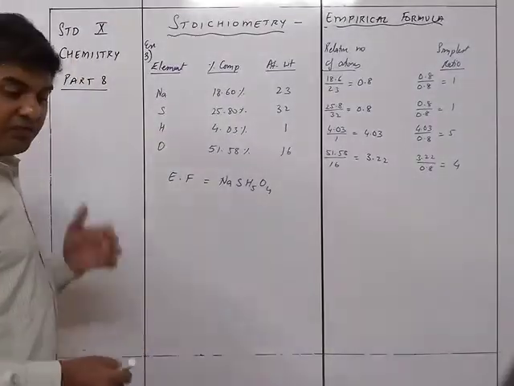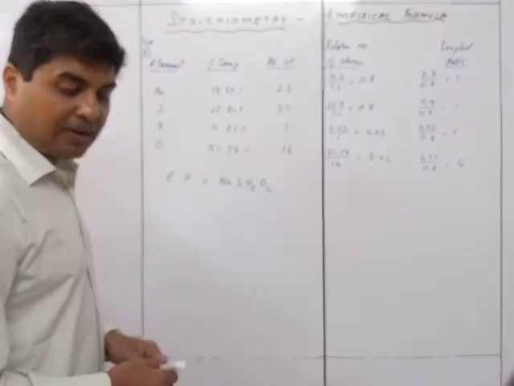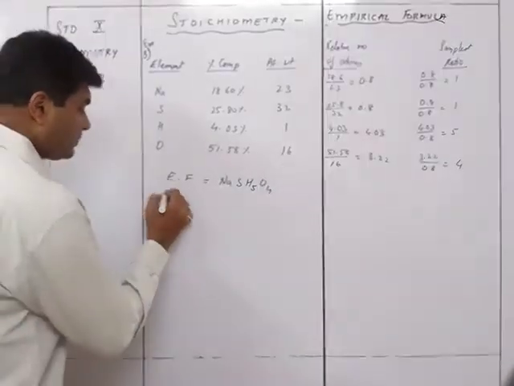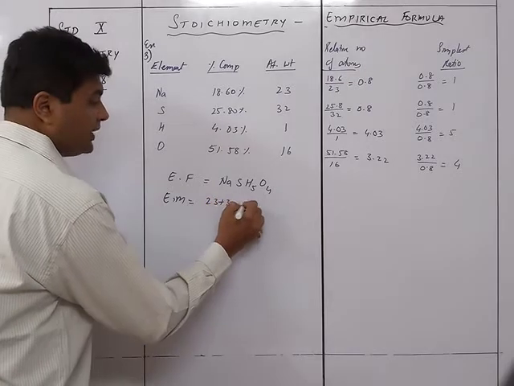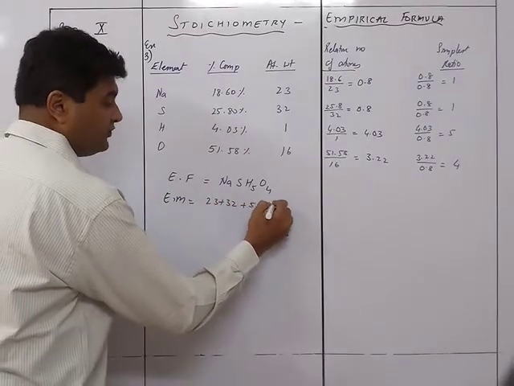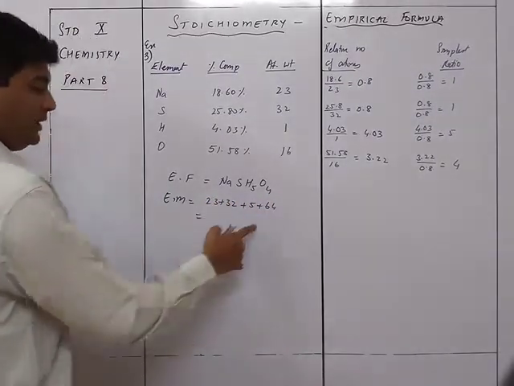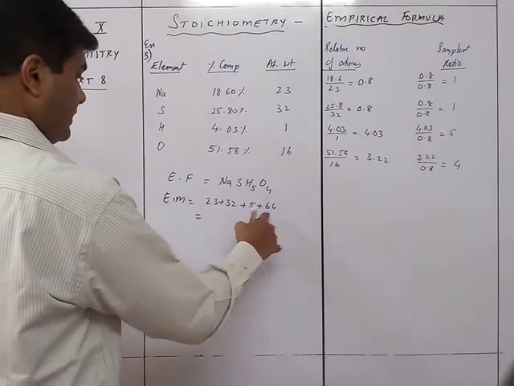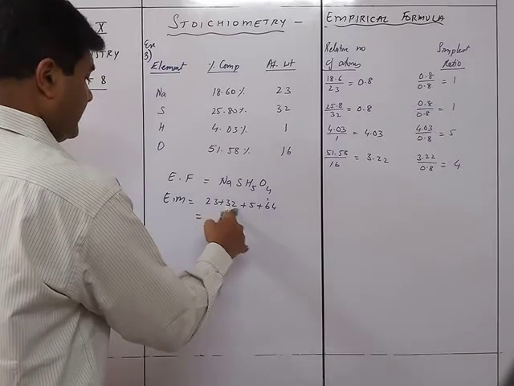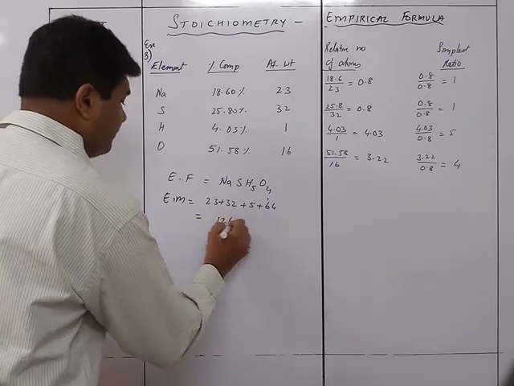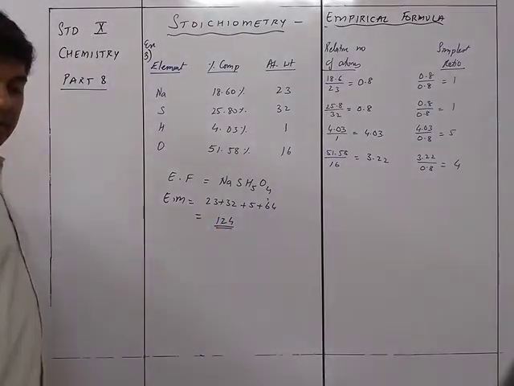First of all, we will find out the empirical mass. So the empirical mass is equal to 23 plus 32 plus 5 plus 64. That comes out to be 124.